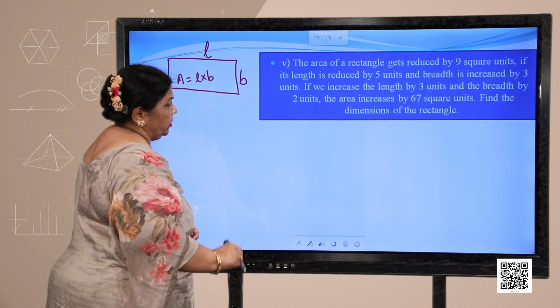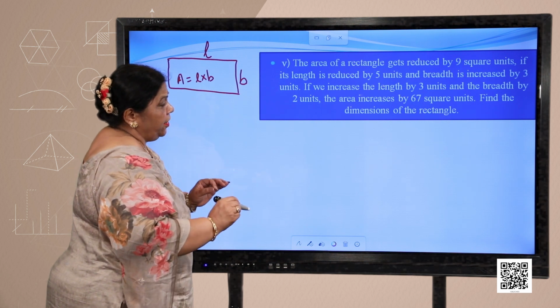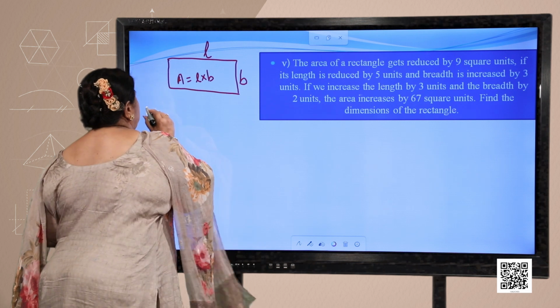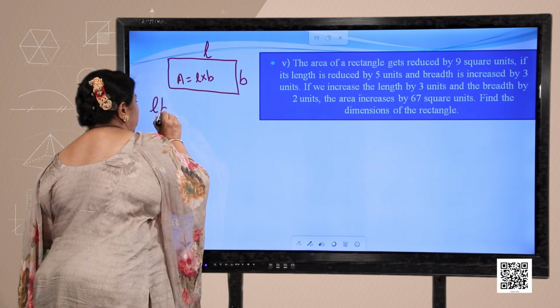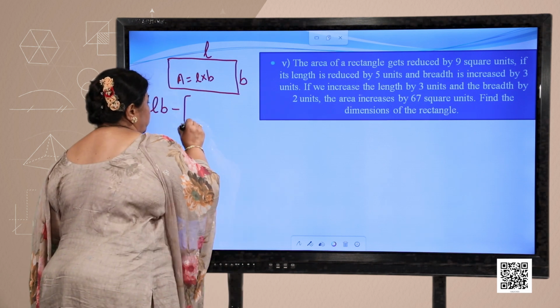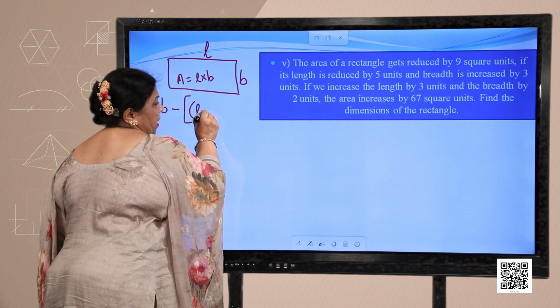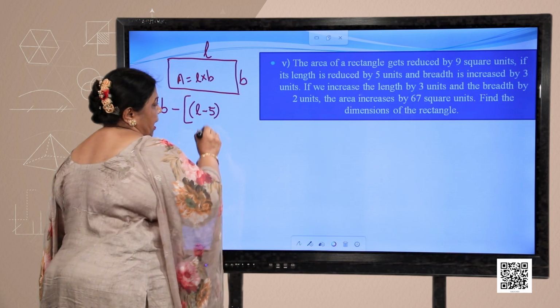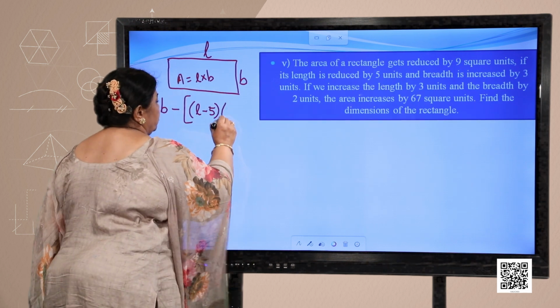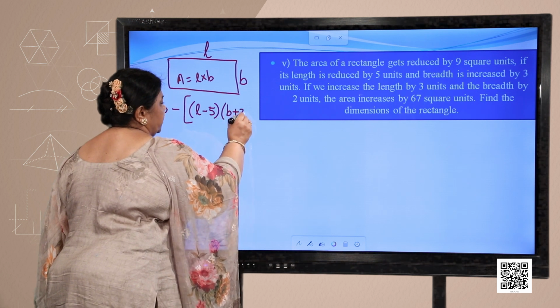Okay. So, the first condition is area of rectangle gets reduced by 9 square units. That means, my original area is L into B minus, length is reduced by 5, so L minus 5, and breadth is increased by 3.